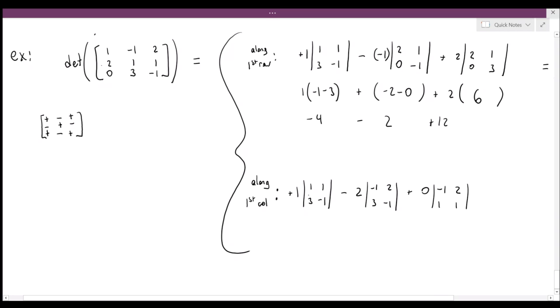Okay. And then working these out, this determinant is -1 minus 3, so -4. And then here we have 1 minus 6, so 1 minus 6 is -5.